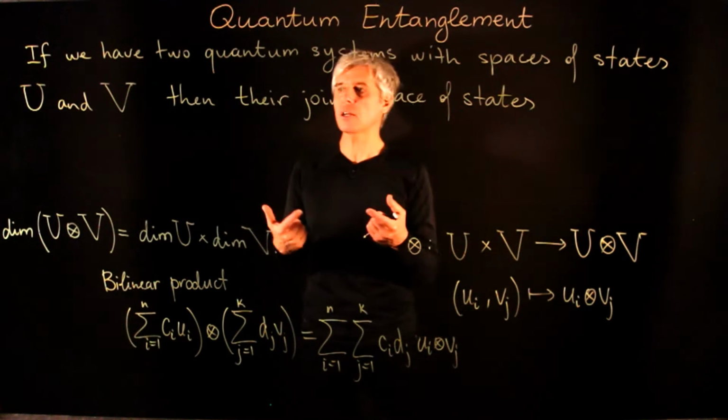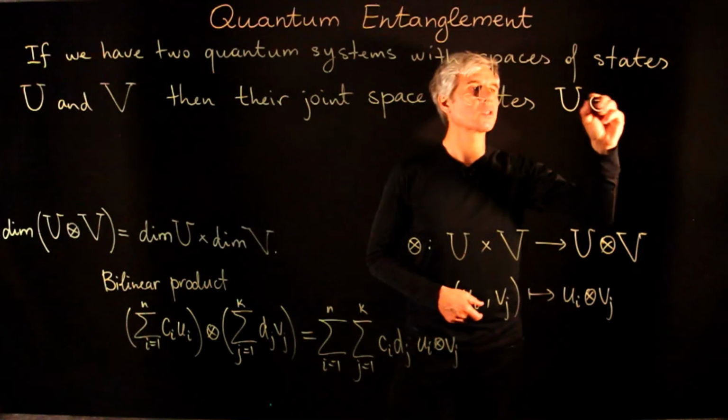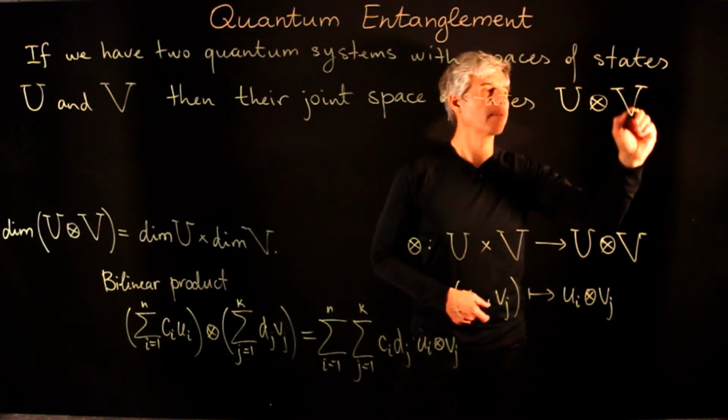This larger quantum system will have the space of states which is the tensor product of U with V.